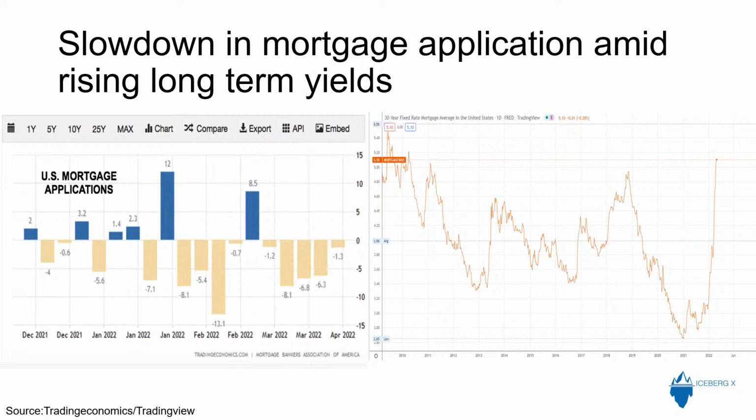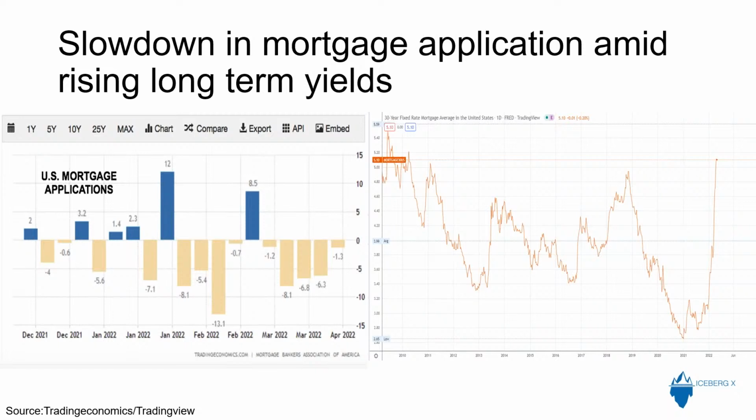So consumers are facing quite a dire state. They are facing higher financing costs in terms of their mortgage costs, and therefore I think it's affecting their mortgage applications. So if you look at mortgage applications, at least for the first quarter this year, it's showing a sign of slowing down. And naturally, when housing permits start to slow down and mortgage applications start to slow down, it will affect the whole overall economy.